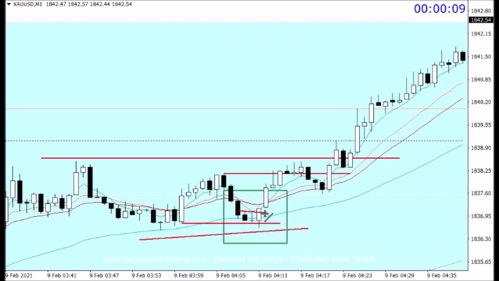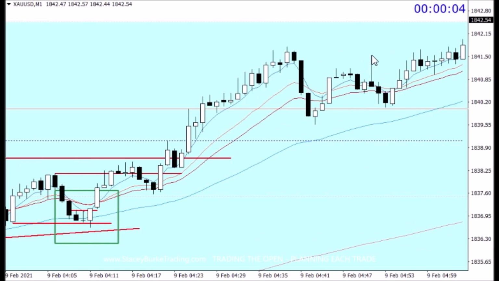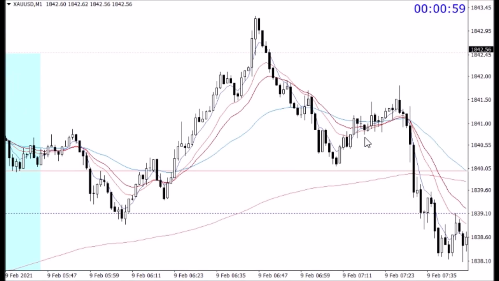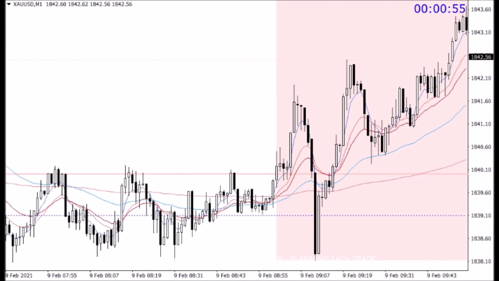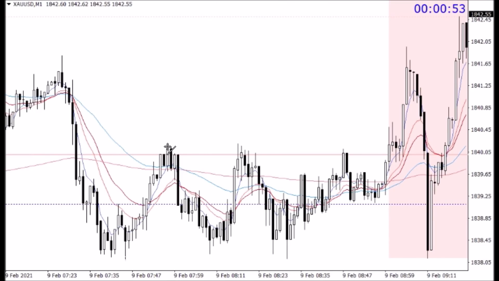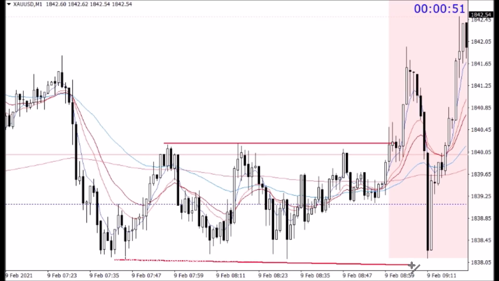Now we're going to look at 2 examples from yesterday. Same scenario, different variation, but the same pattern. So we head into the London session yesterday, and again we see the market consolidate sideways at just below double zeros in the gap time.